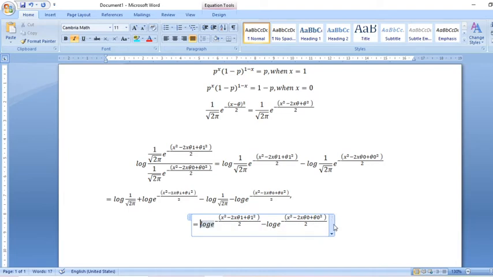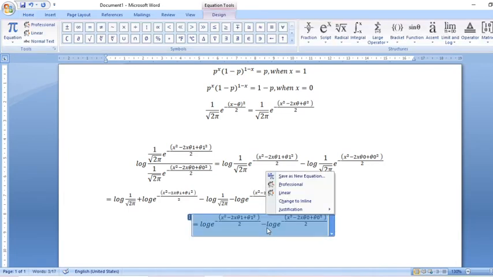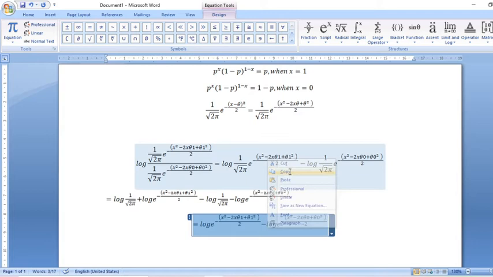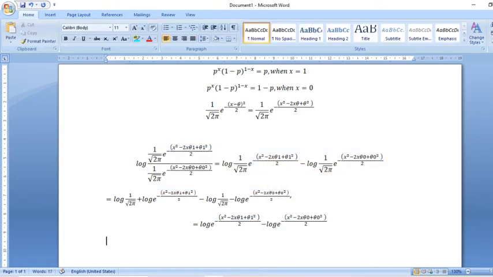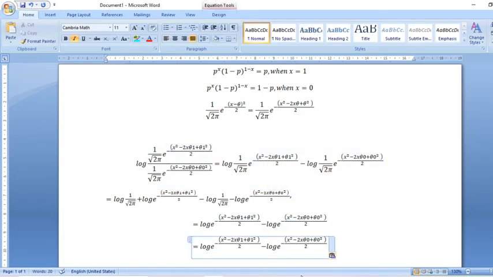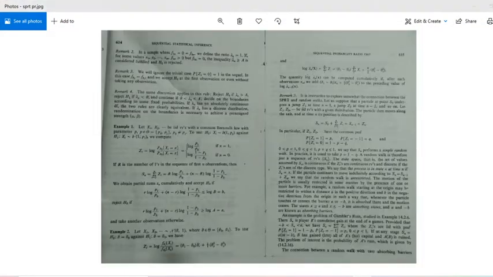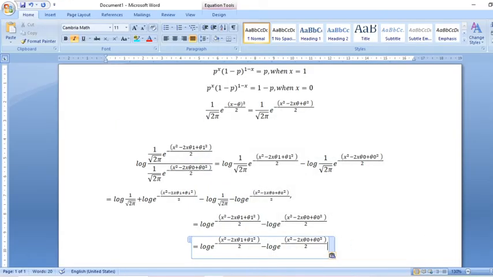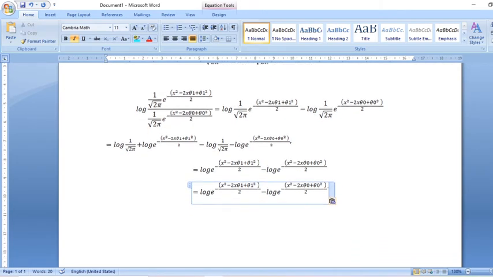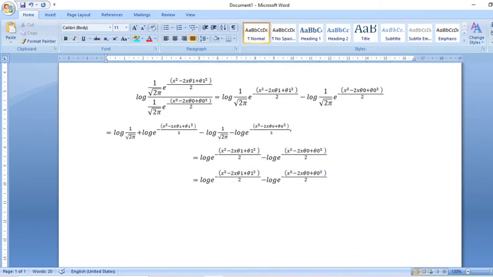You know log of e raised to a term is that term. Okay, so what will be the remaining term? You can just remove this.